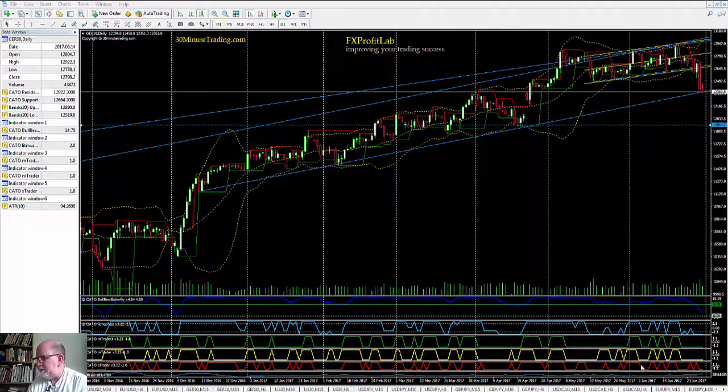The S-Trader, which is the red one, is much more volatile, moves around a lot more. The MTrader 3 is less volatile, but gives you signals later than the S-Trader, but before the MTrader.